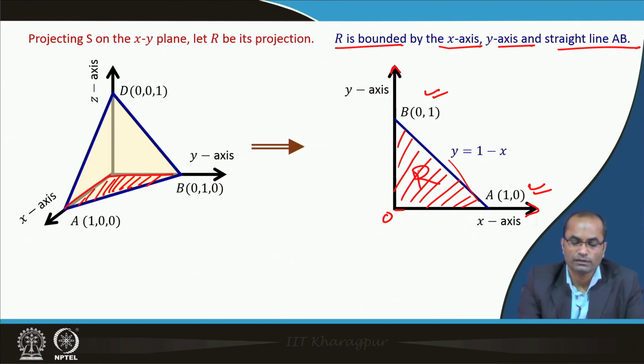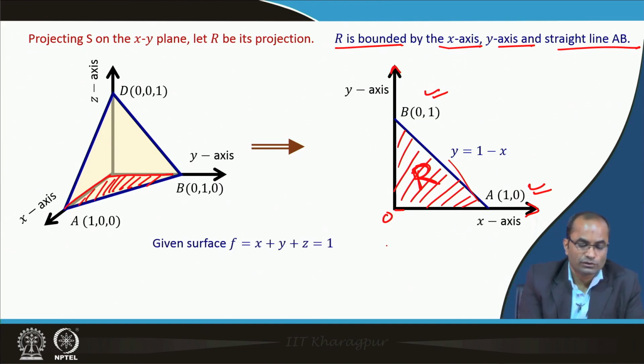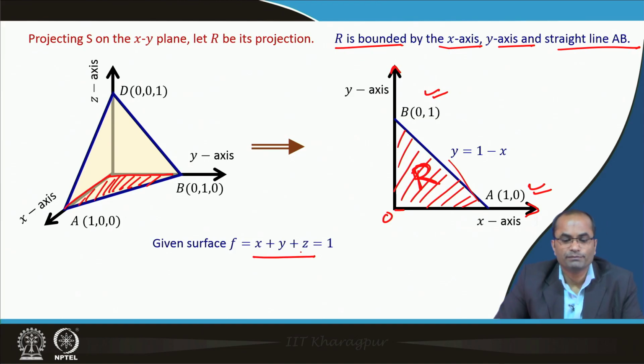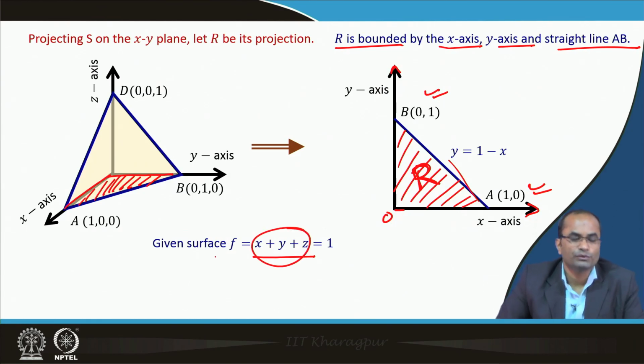So, this is our R, the projection R, and the perpendicular to this R is going to be again the k. The given surface is x plus y plus z equal to 1. So, we will take this f and compute the unit normal vector.